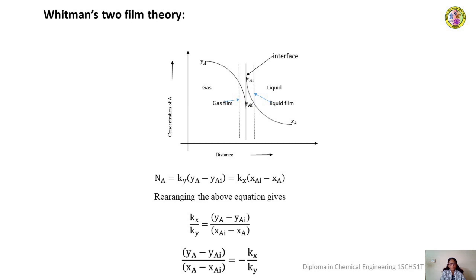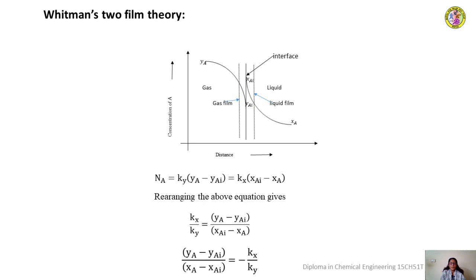To understand the mechanism, let us again represent the concentration gradient between the two phases in graphical form, as shown in the diagram. Here, the left side of the interface represents the gas phase concentration difference. The right side of the interface represents the liquid phase concentration gradient.